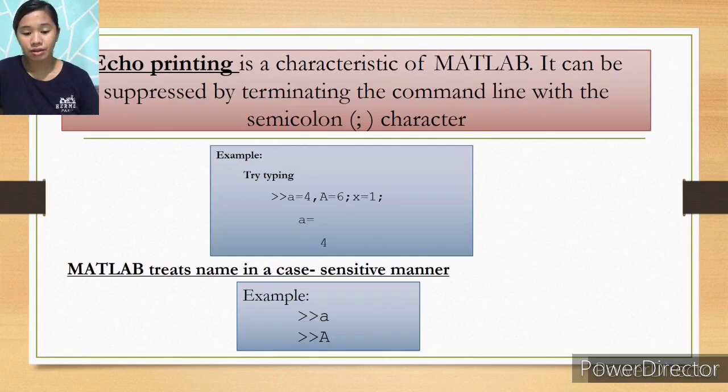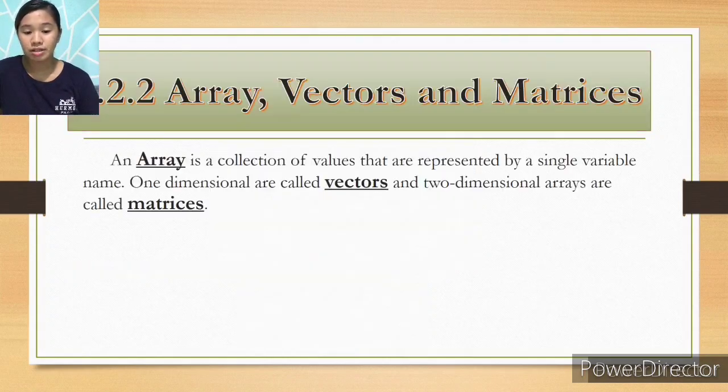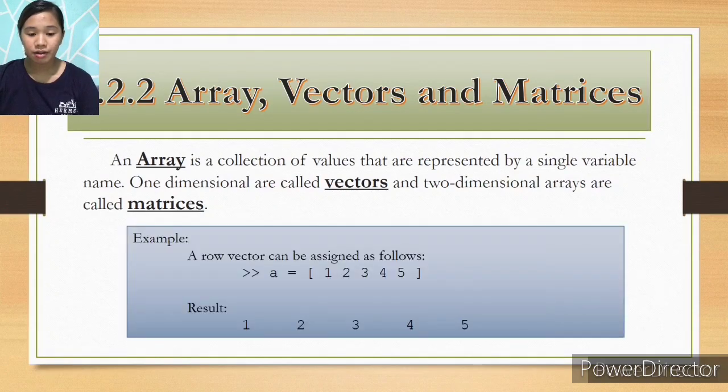Second, number 2, which is arrays, vectors, and matrices. An array is a collection of values that are represented by a single variable name. One-dimensional arrays are called vectors and two-dimensional arrays are called matrices. For example, a row vector can be assigned as follows.